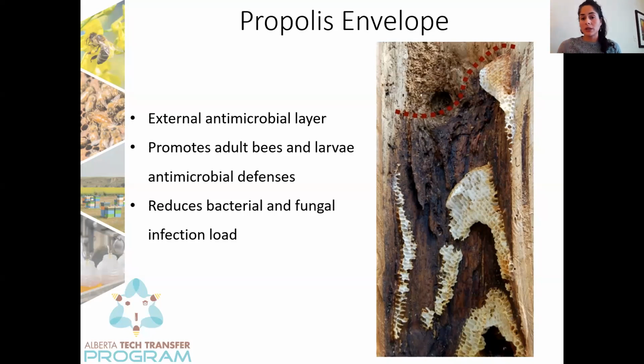Unfortunately, we don't see bees depositing that propolis envelope in regular colonies, in man-made boxes, because of the smooth surface. When that surface is modified to create a rough pattern to resemble a tree cavity, then the bees deposit propolis. So it's quite interesting.